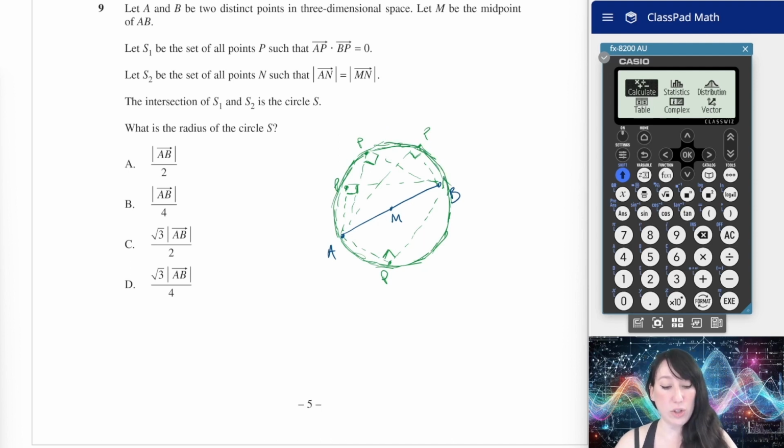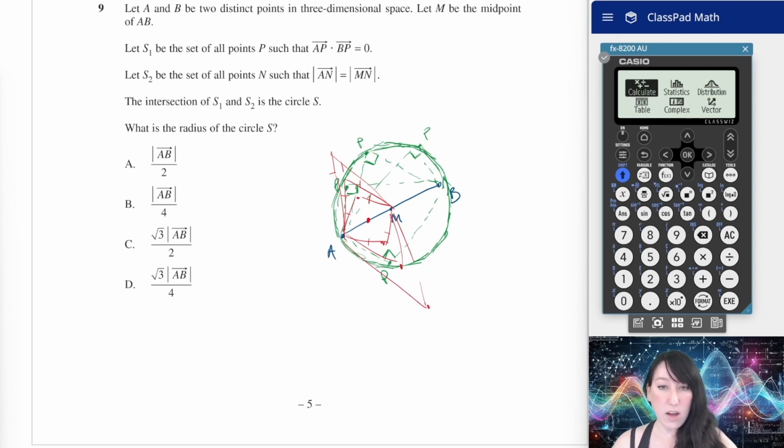Let's consider S2. So the points N where the length from A to N is equal to the length from M to N. One example of these points would be just halfway between A and M, the midpoints. And then we could draw similarly, and of course it looks a bit 2D.